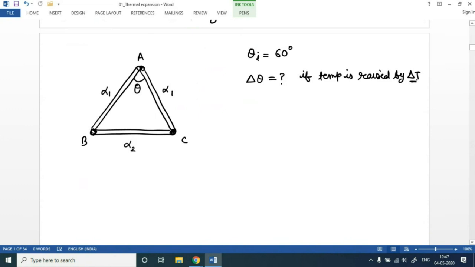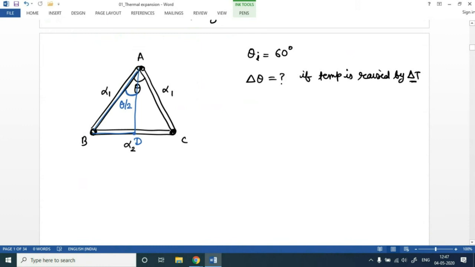So for that, let's try to approach this problem. Let's look at this right angle triangle. Let's say this point is D. You should realize that at any instant, even if there is thermal expansion, if this angle is theta, this is going to be theta by 2 over here.